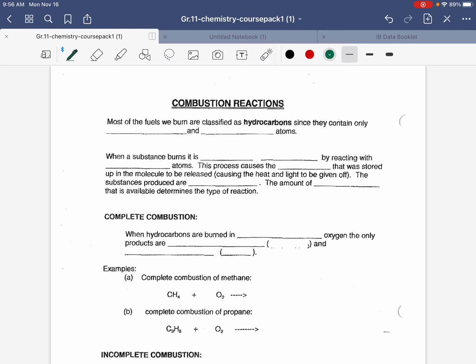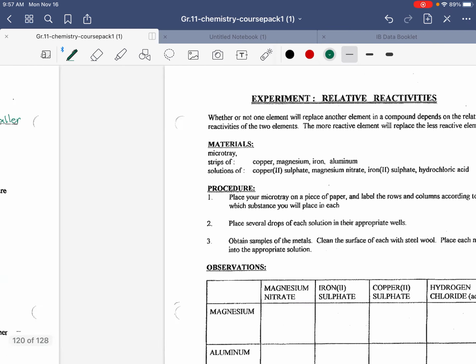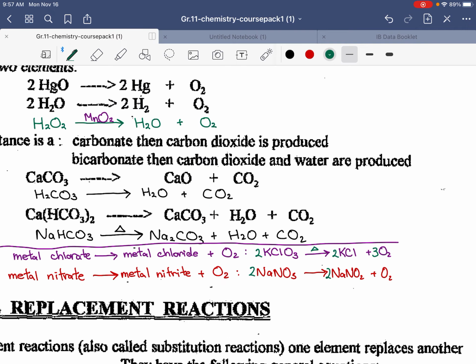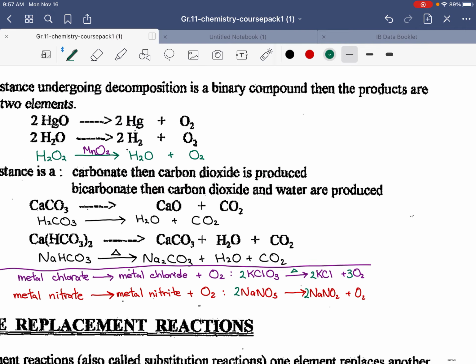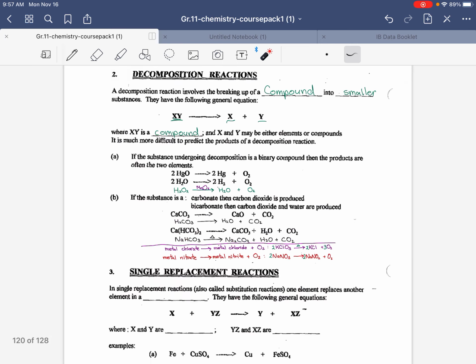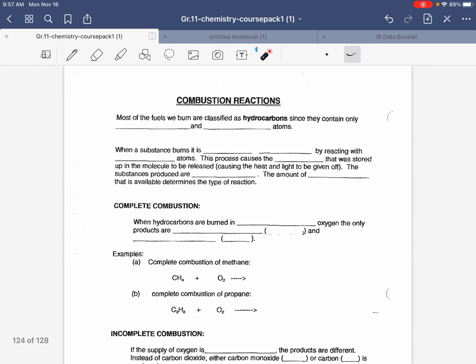Okay, which is great. The reason why I want to look at combustion is because combustion deals with reacting with oxygen. This is kind of related to what we saw here with decomposition reactions, because if you look at decomposition reactions, especially these ones, and these ones, they all generate oxygen. What's important about them is that this oxygen can be used to drive this reaction.